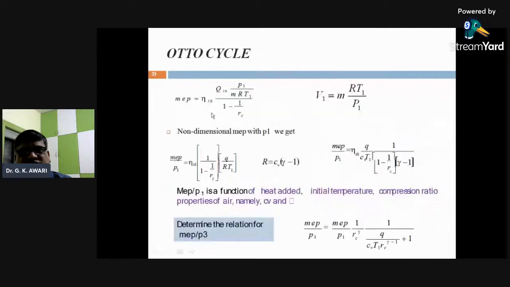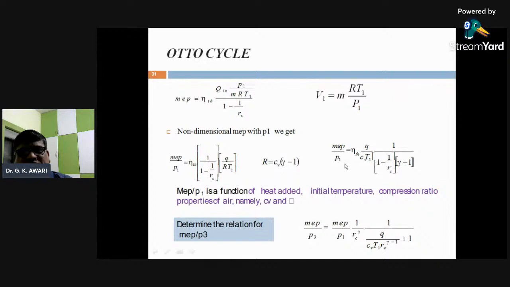Mean effective pressure is equal to efficiency times Q in divided by m R T1 times 1 divided by 1 minus 1 by rc. Therefore, V1 is equal to m R T1 divided by P1. So the non-dimensional MEP with P1: mean effective pressure divided by P1 is equal to thermal efficiency times 1 divided by 1 minus 1 by rc, times Q by R T1, and R is equal to Cv.